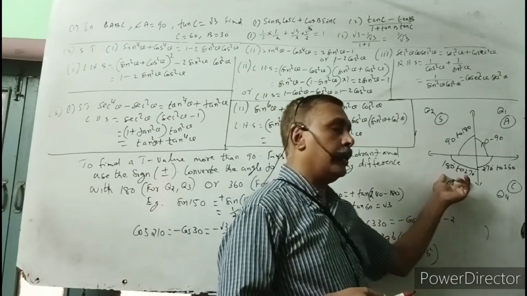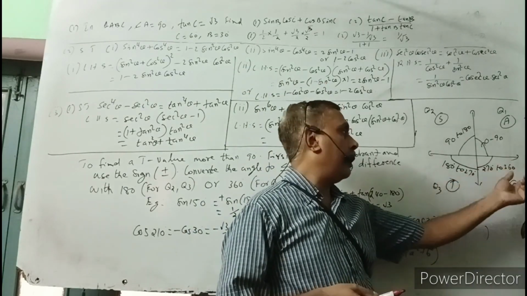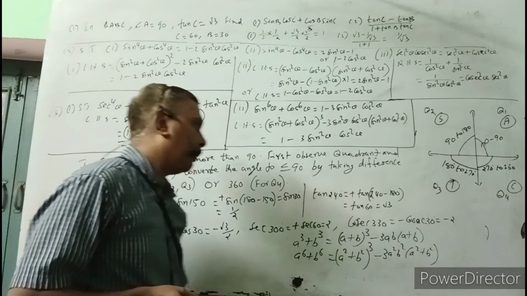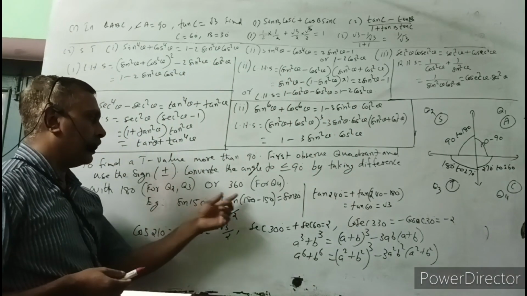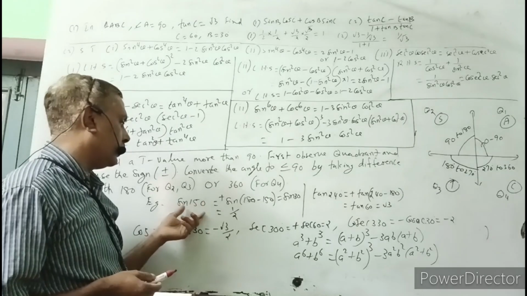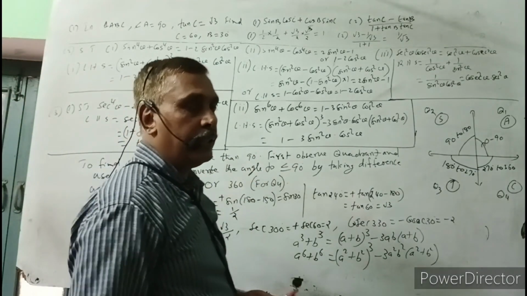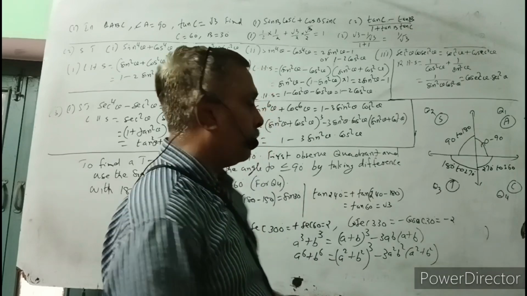And more than 270 up to 360 will come in quadrant number 4. So sine 150, second quadrant, why do I use positive? In the second quadrant, sine is positive. That's the first thing. You identify the quadrant and use the plus or minus symbol here.